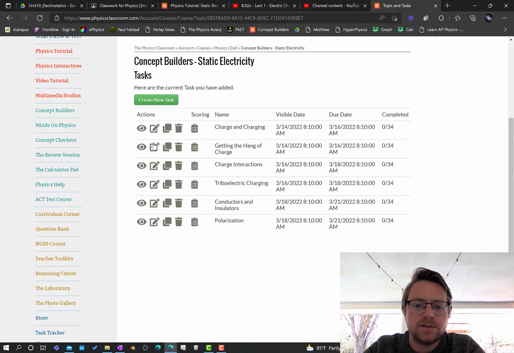Again, these are the ones that are going to be popping up 2 per day, and pay attention to the due dates. They won't be due by the end of class. They may be due by the beginning of the next class, or maybe by the end of the next class, depending on which class period, what section you're in.